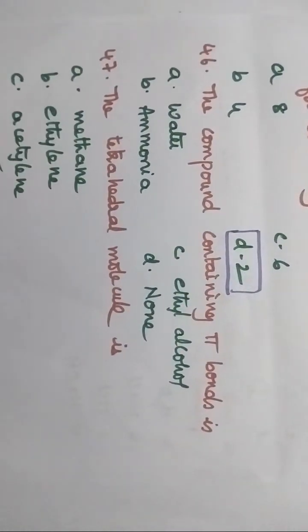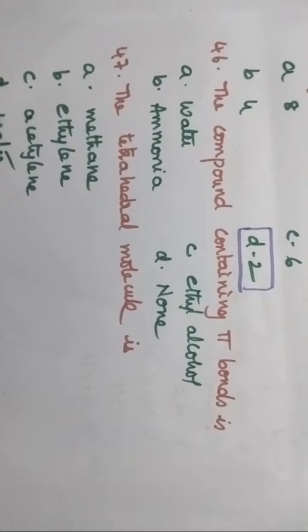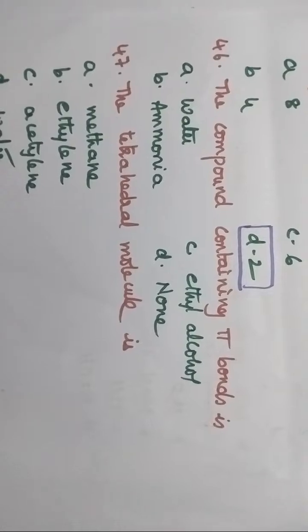Coming to the next question. The compound containing pi bonds is. You must know the structural formula of each and every compound. Then tell me which compound contains pi bonds.